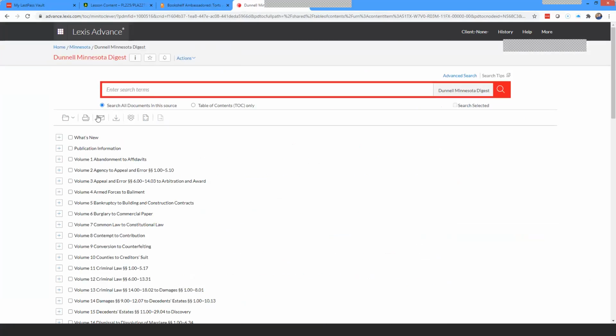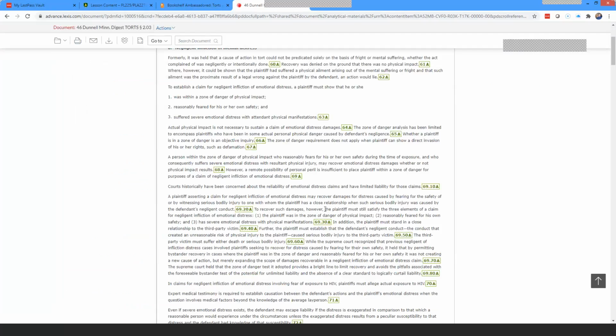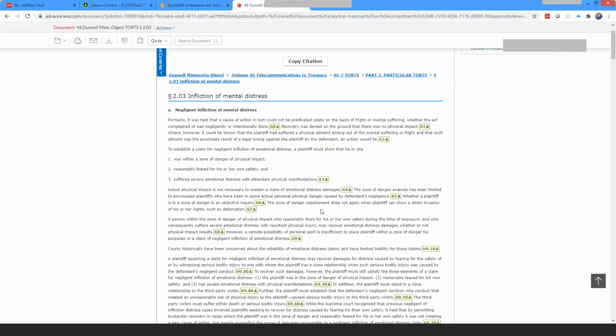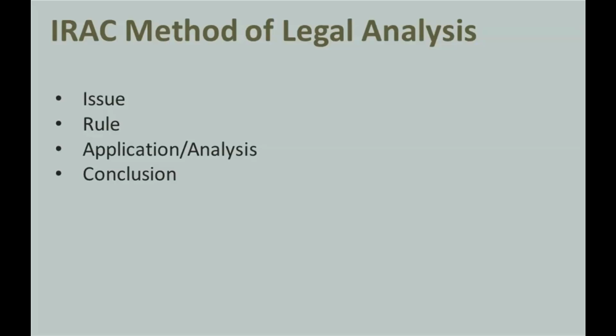So this is kind of where I'd be looking, just to see if there's something in there for Minnesota. Infliction of emotional mental distress is in there. So this would tell you whether negligent infliction of emotional distress is a tort in Minnesota. Okay? But it's a long way around.